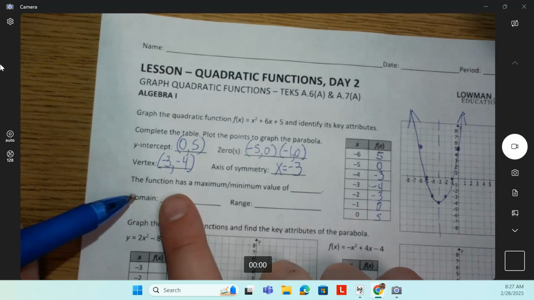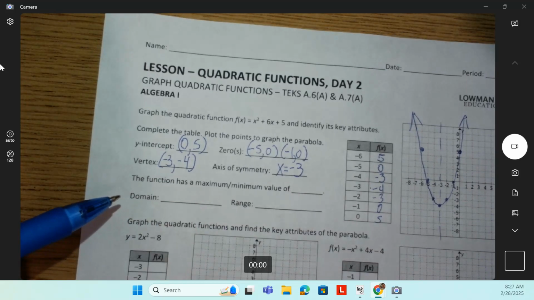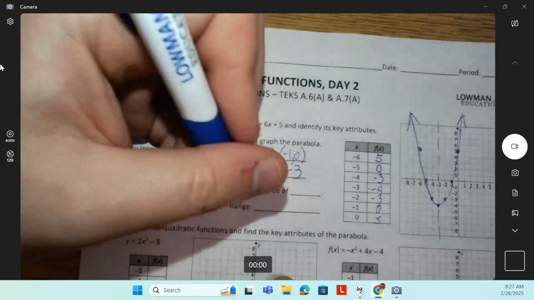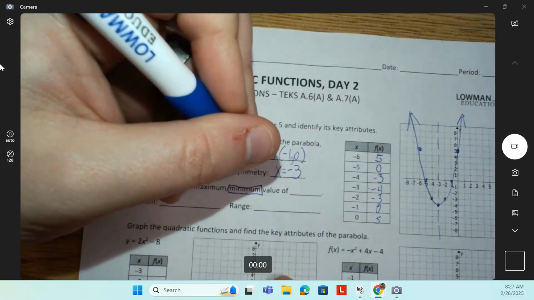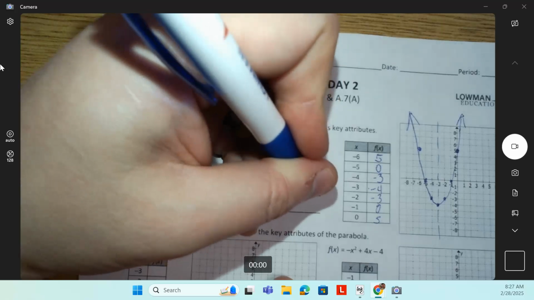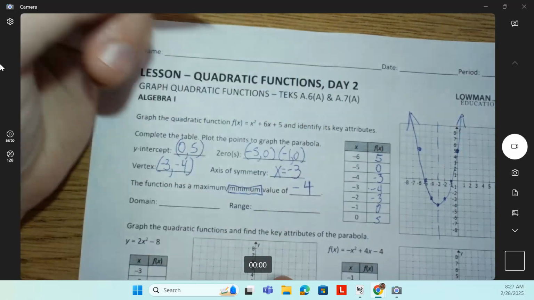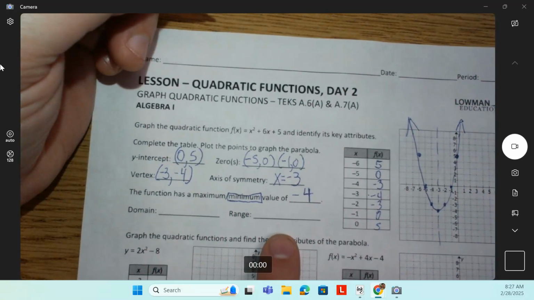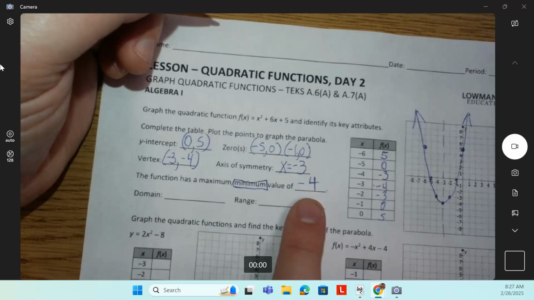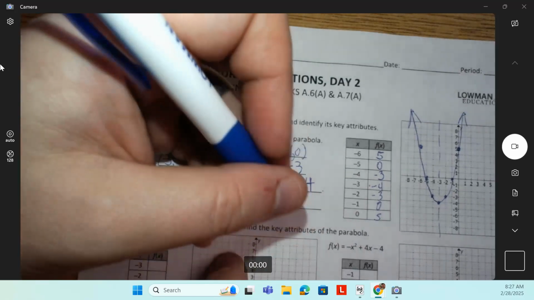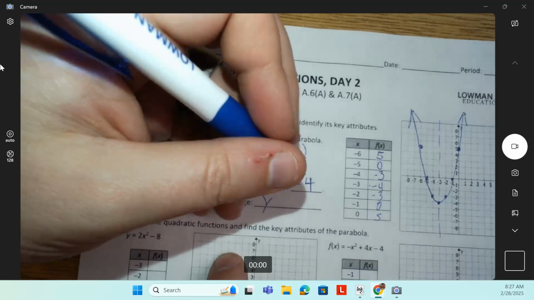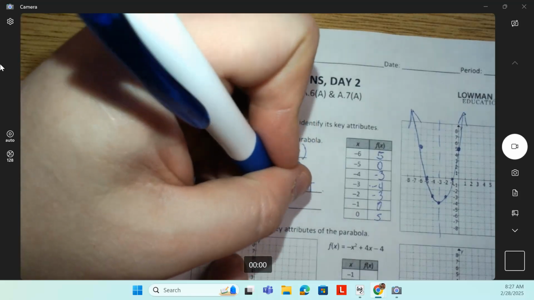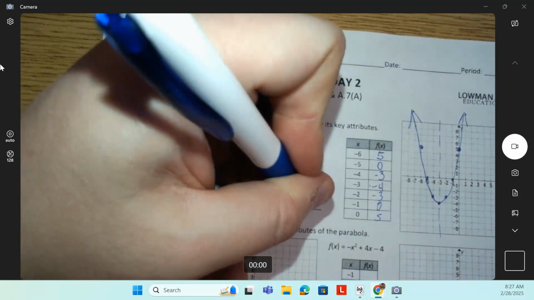And then it has a minimum or maximum value. So it has a minimum value, and that minimum value would be -4. Now that helps me get my range here, because when I have a minimum value, y would be greater than or equal to -4.